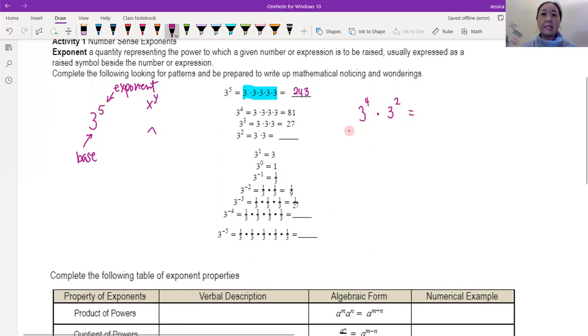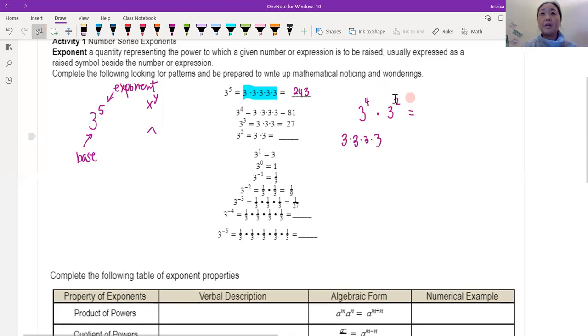If we think about it in expanded form, this just means 3 times 3 times 3 times 3, because there are 4 3s that we're multiplying. So 3 to the 4th power is a special type of multiplying, if you want to think about it like that. Now let's take a look at 3 to the 2nd.